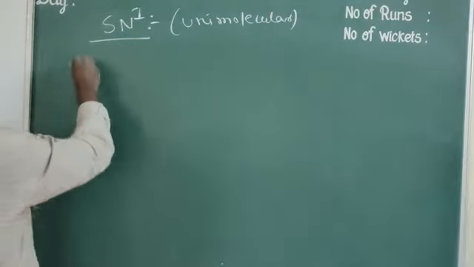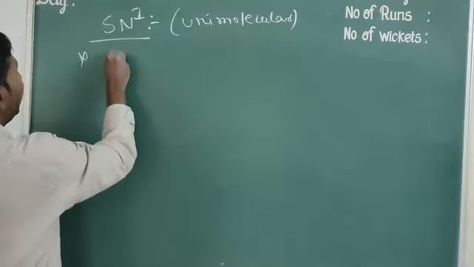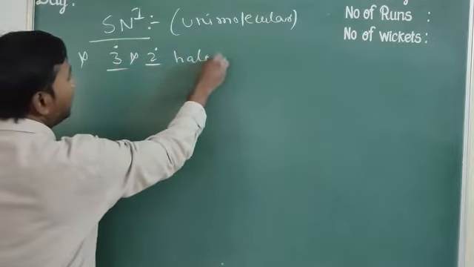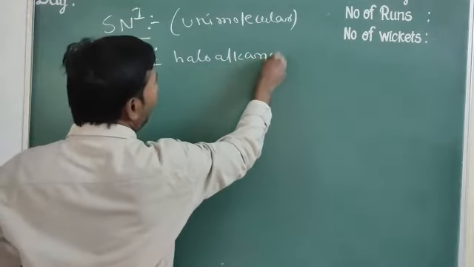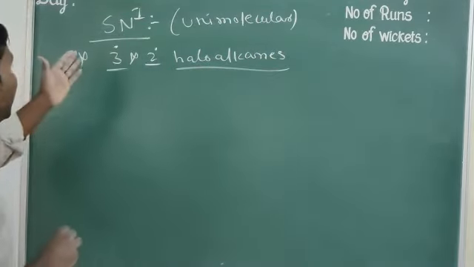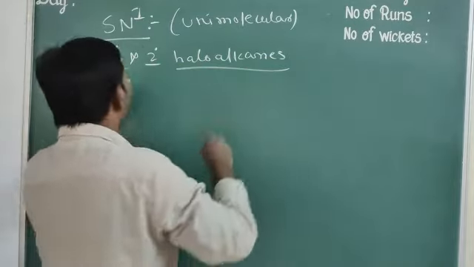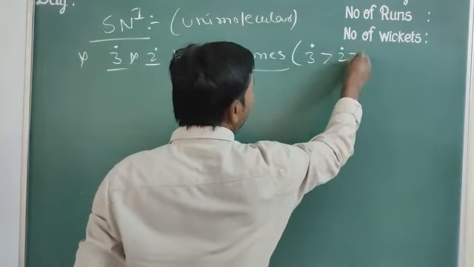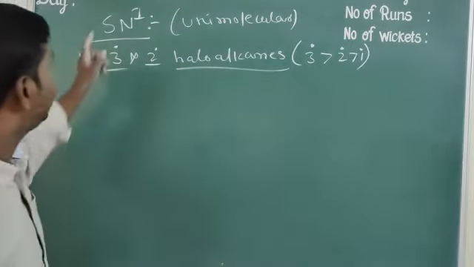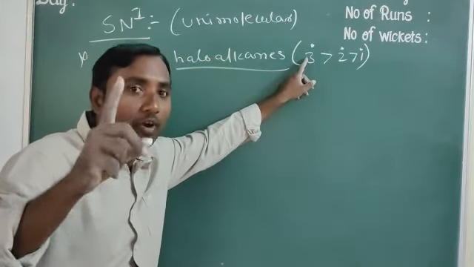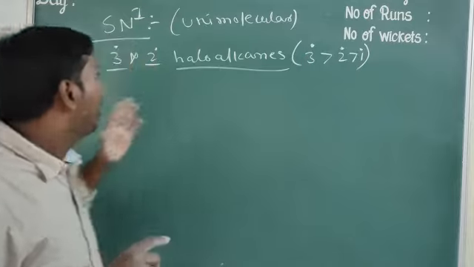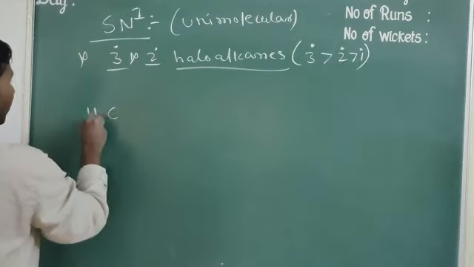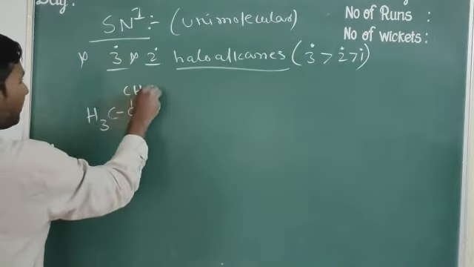Among these, SN1 is preferred for tertiary. The SN1 reactivity order for haloalkanes is tertiary greater than secondary greater than primary. Let us take a tertiary haloalkane just for understanding.